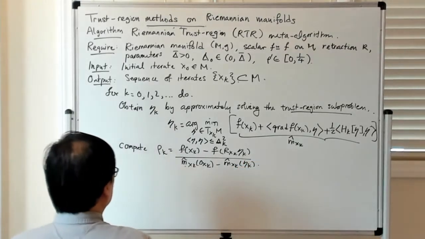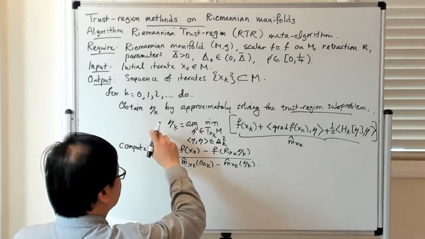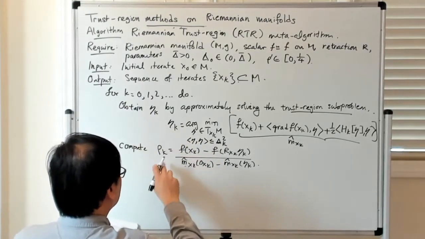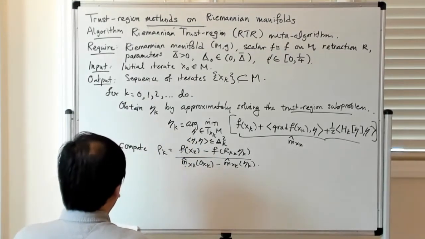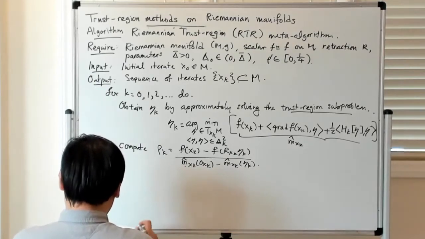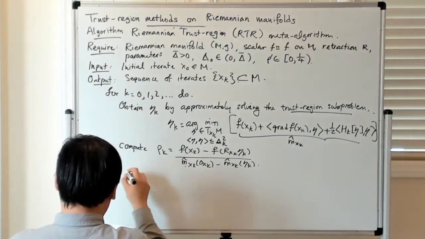Okay, all right, so you approximately solve the trust region subproblem. You compute this sort of quality quotient in some sense. Then you do the following.